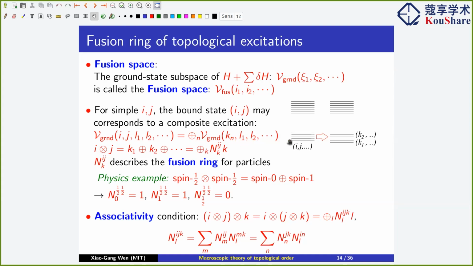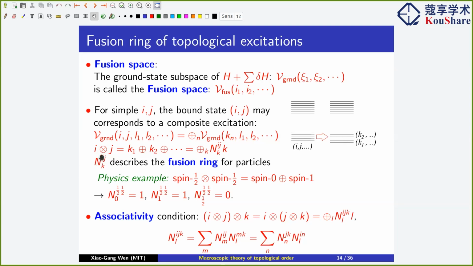When the two traps are separated far away, you have a degenerate subspace. When the two traps get closer and start mixing, they may split. So this is splitting. After splitting, this becomes a so-called simple excitation, not composite. So two traps is composite, and they may split and become simple.